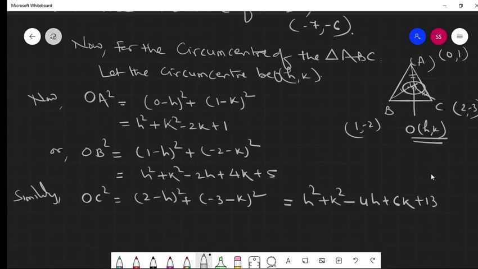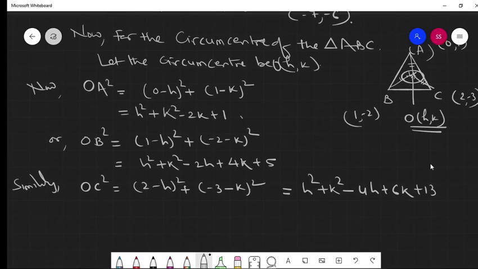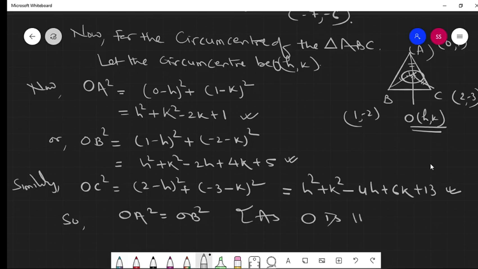Okay, now how many equations did we obtain? OA square, OB square and OC square. Since O is the center of the circle, OA square equals OB square, as O is the center of the circumcircle.